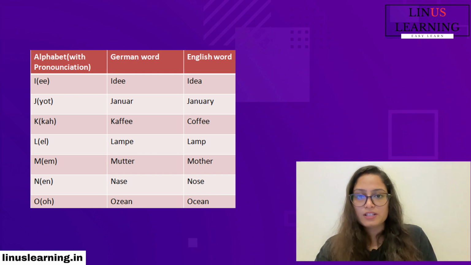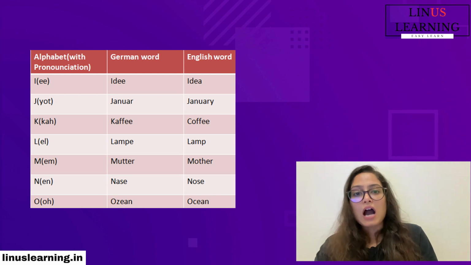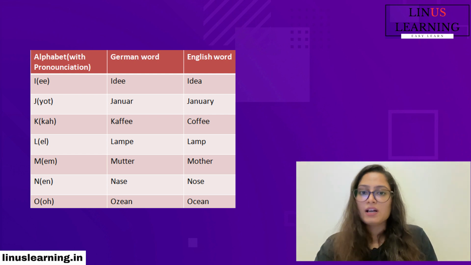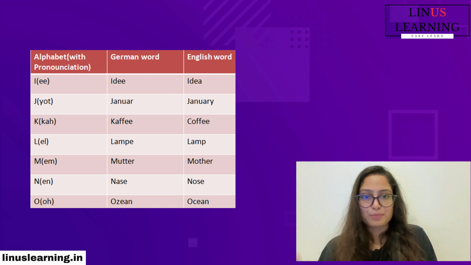So Januar is January. Then K wie Kaffee. Kaffee means coffee. L wie Lampe. Lampe means the lamp, or the lamp shade.